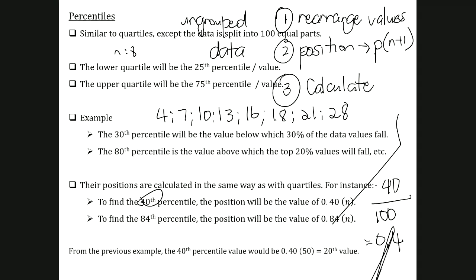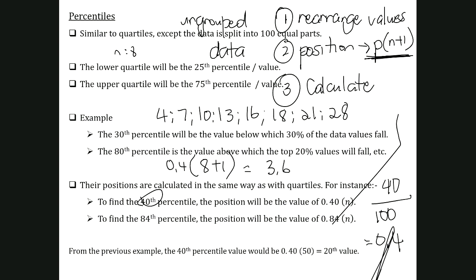So your position would be 0.4 multiplied by N plus 1, as you can see here. N is 8, plus 1. So it's basically 9 times 0.4. This gives you a position of 3.6.